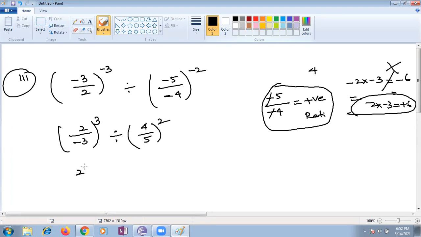This becomes minus 8 upon 27 multiplied with 5 square upon 4 square, if we simplify them.